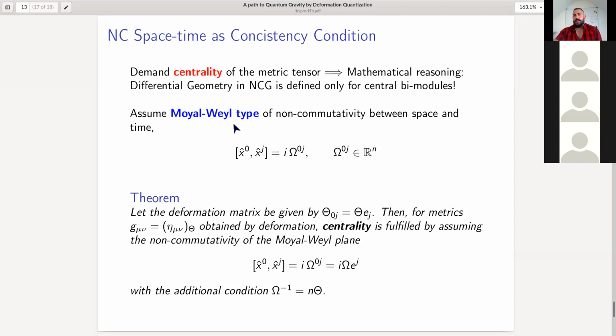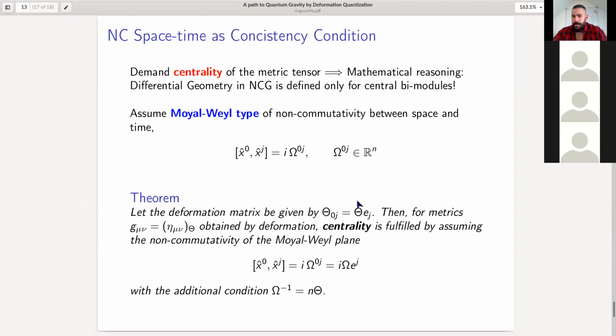Which is basically you want the metric tensor to be central, which means it should commute with all the elements of the algebra. And that has certain meanings that I don't want to get into, but it basically means that the elements of the algebra have to commute with the metric tensor. And out of that condition of centrality and my deformed metric, I obtained the following theorem.